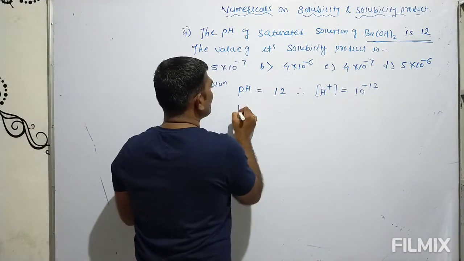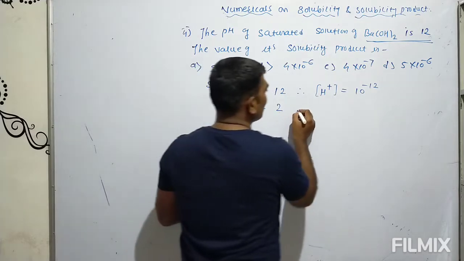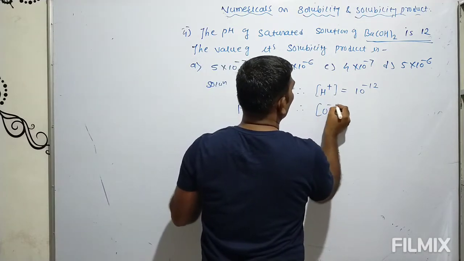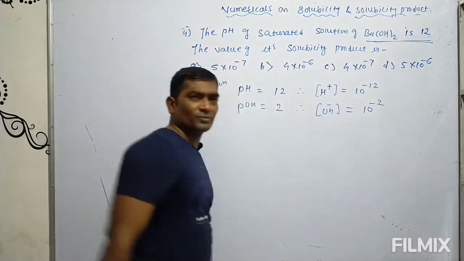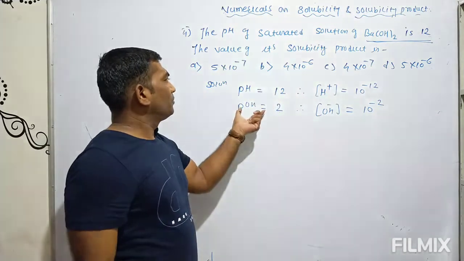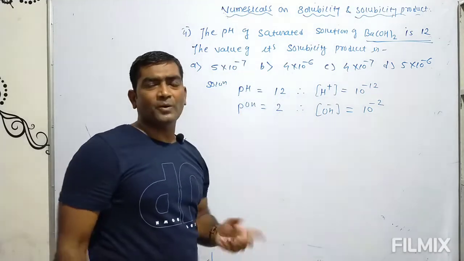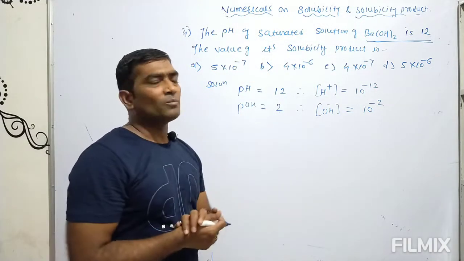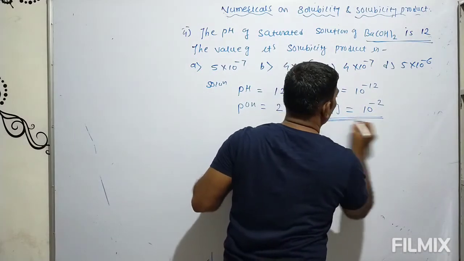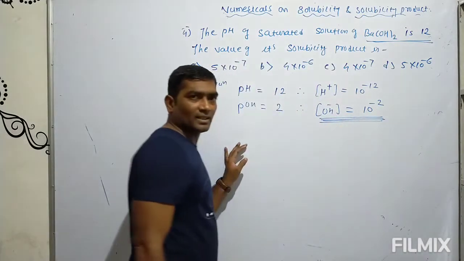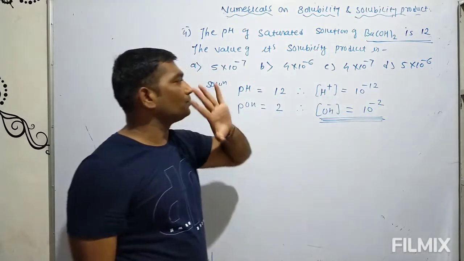Or pOH is equal to 2, meaning OH negative ion concentration is 10 to the power minus 2. One and the same thing. If pH is 12, what will be pOH? That is 2, because pH plus pOH is equal to 14. So the OH negative ion concentration is 10 to the power minus 2.